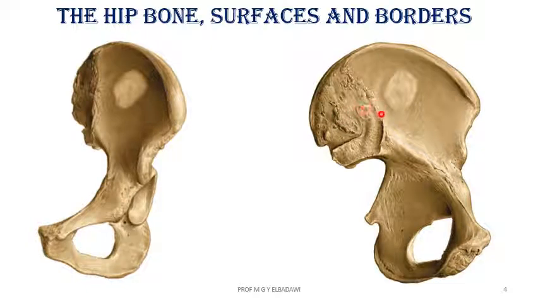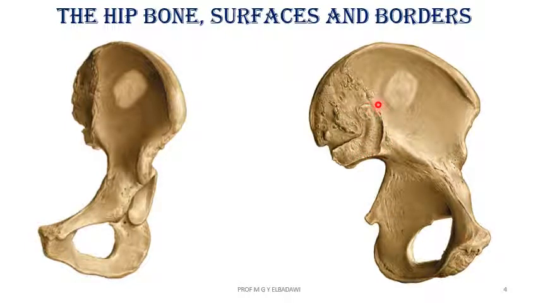There will be an anterior sacroiliac ligament, a posterior sacroiliac ligament, and an interosseous ligament here. That is the sacral part.